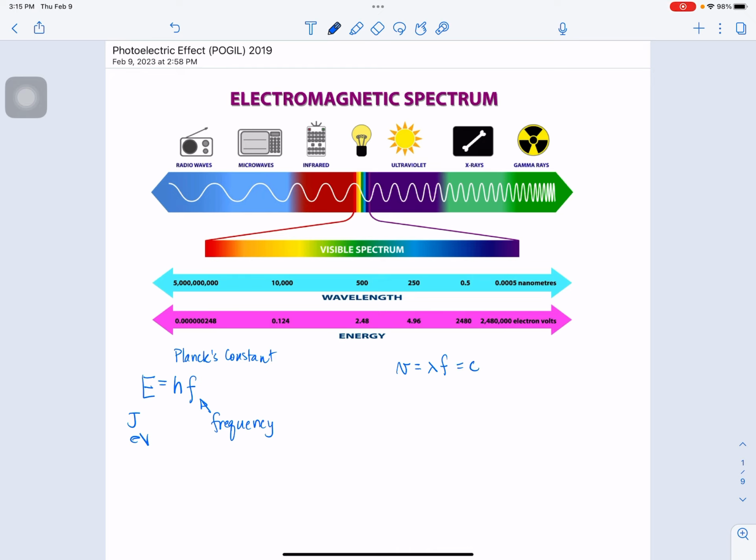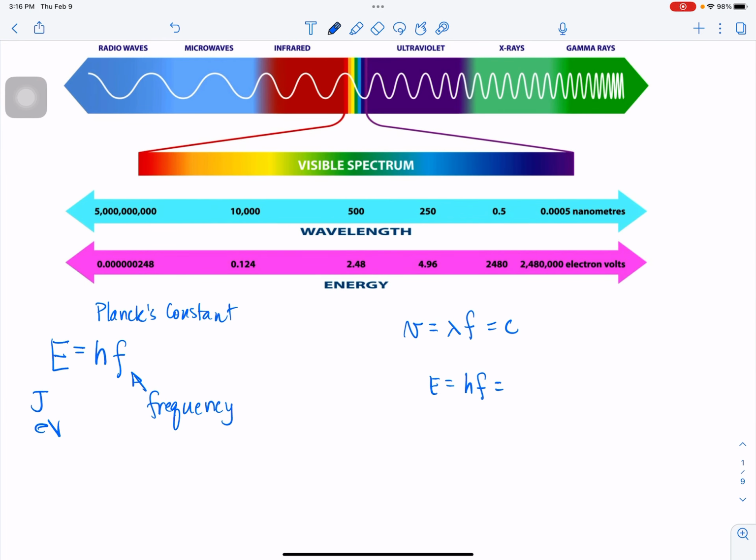So if I want to figure out where they got this value 248, the way they got it was they said energy is equal to h times f. And when I solve my light equation, I know that the frequency is going to be c over the wavelength.